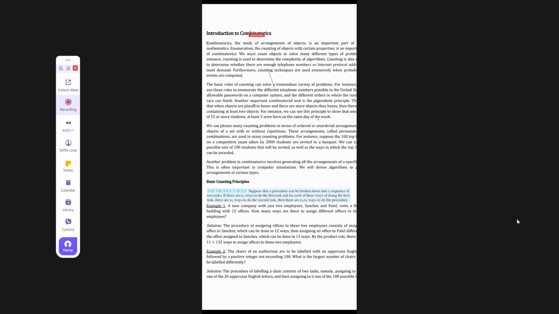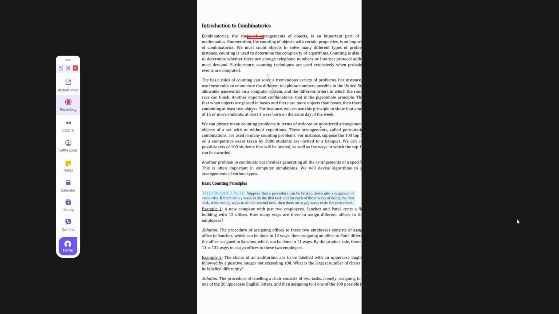Basically, the idea is like this. So if we have a sort of tree-like way, suppose, of doing the task. So suppose this is task 1 and you can do it in 2 ways. Okay. And then there is task 2. For each of task 1, you can do task 2 in suppose 3 ways.